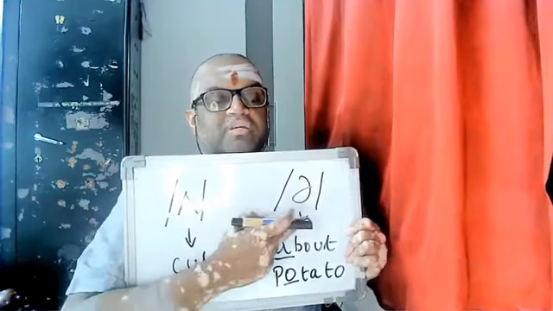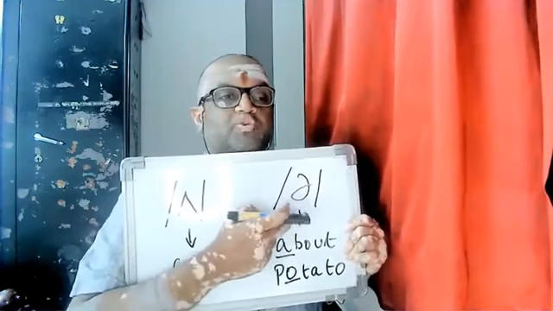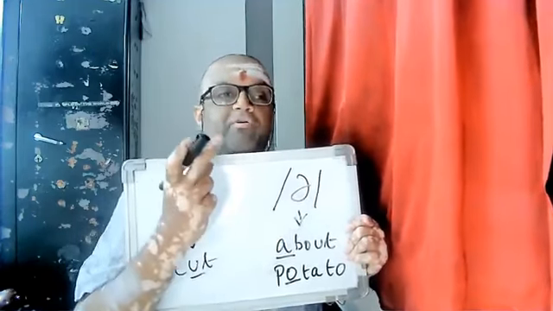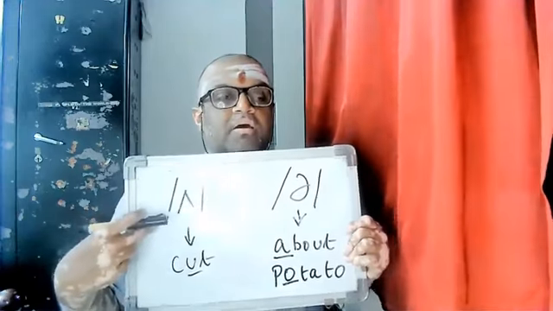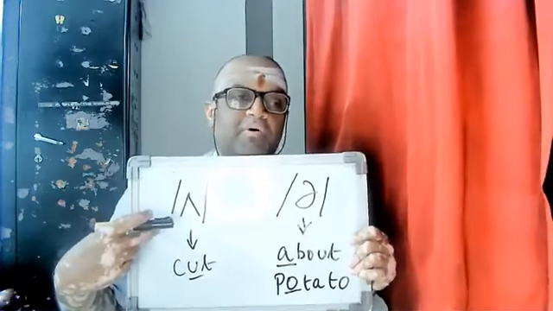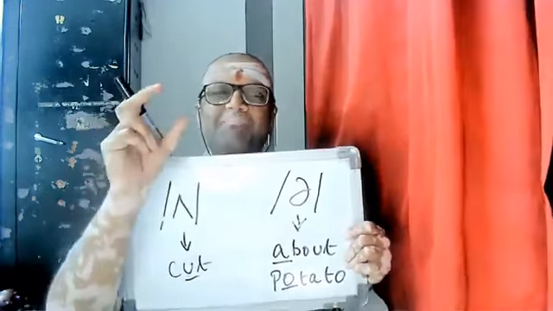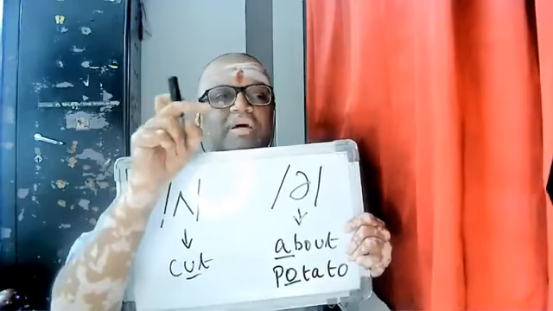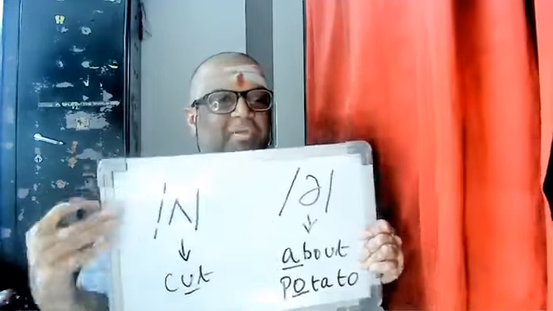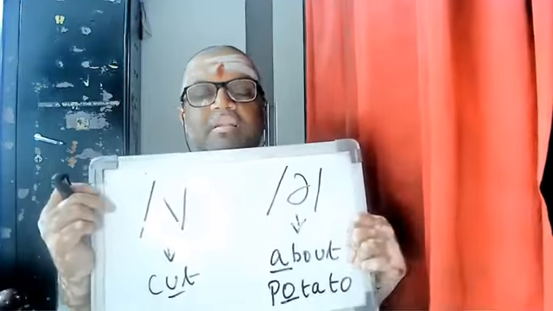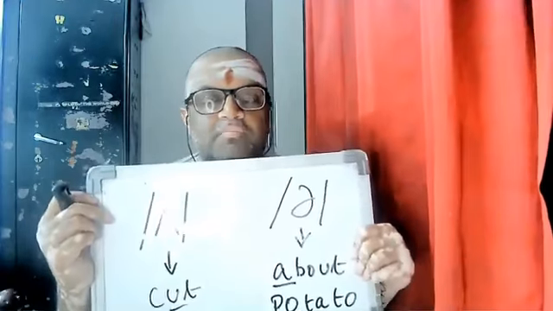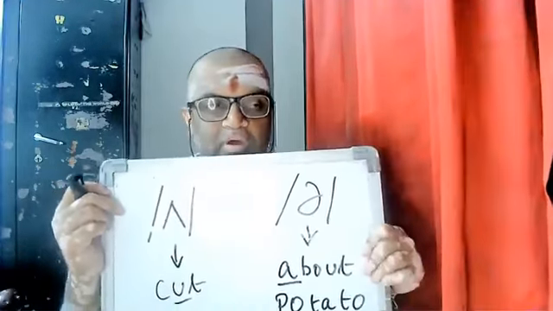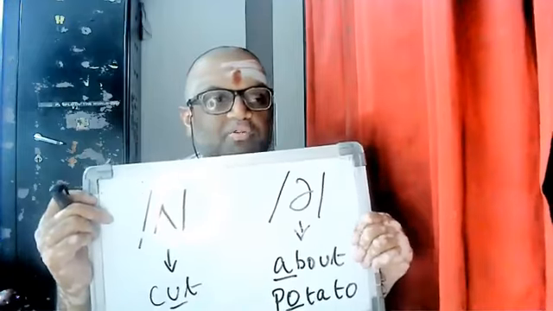For this sound we are not opening our mouth that much, and for this sound we are opening our mouth a bit, and it's a bit rounded. There's some rounding of the lips. I'm giving you a general rule of thumb to follow, but only when we produce all these sounds will you understand things better.